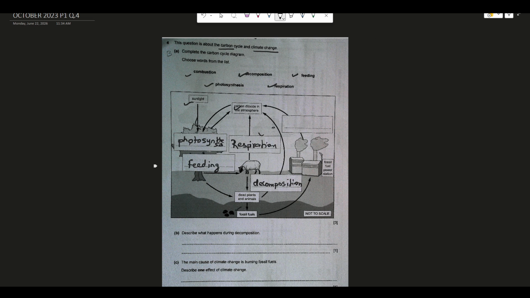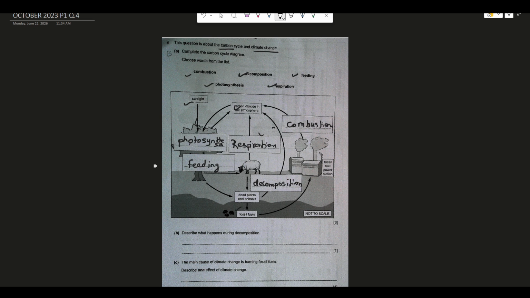So can I write here combustion? When the fossil fuels undergo combustion, again carbon dioxide is produced, as a byproduct of any combustion. So that carbon dioxide will be coming out from those factories and industry, and it will be entering into the atmosphere.